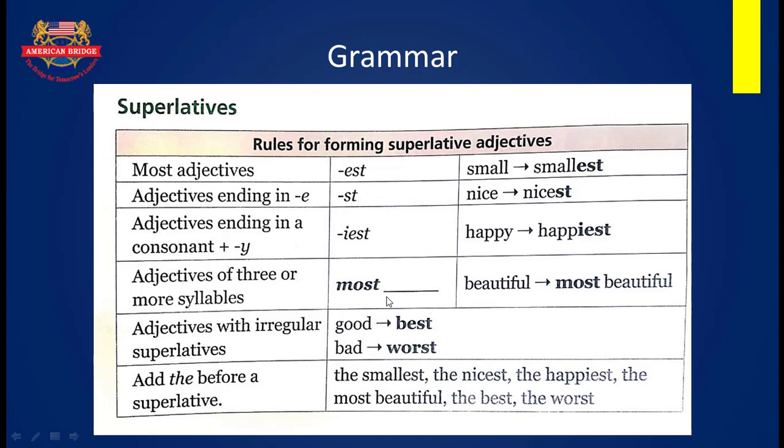The form is subject plus to be plus the, then the adjective with est, st or iest, or for long adjectives we use most. Examples: the smallest, the nicest, the happiest, the most beautiful, the best, and the worst.